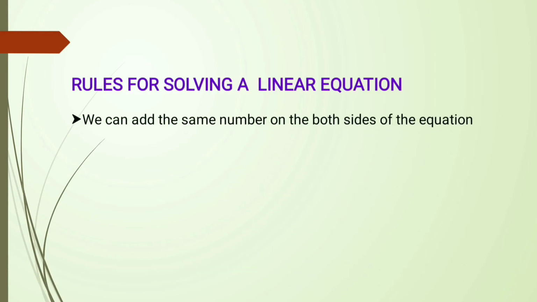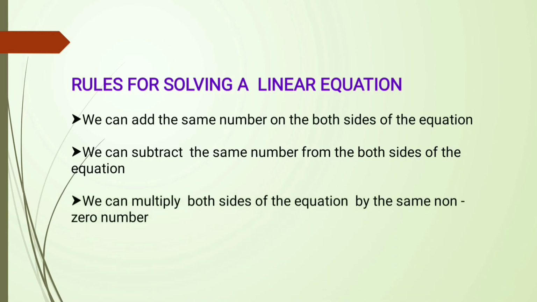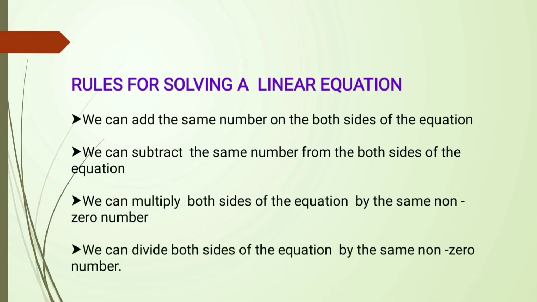Okay. Now let's know about some rules of solving an equation. We can add the same number on both sides of the equation. Similarly, we can subtract the same number from both sides of the equation. We can multiply both sides of the equation by the same non-zero number. We can divide both sides of the equation by the same non-zero number.